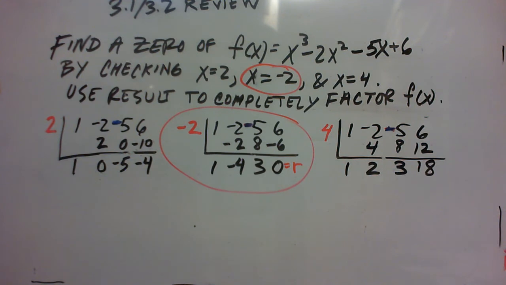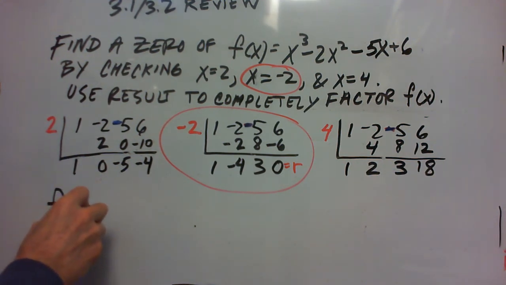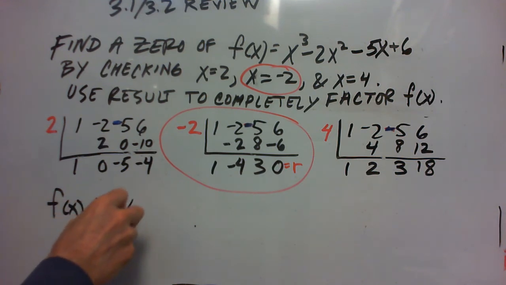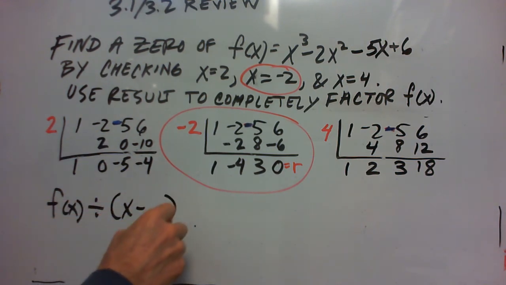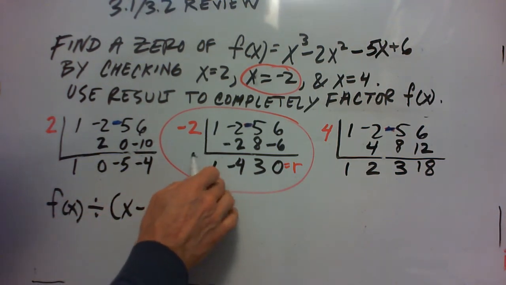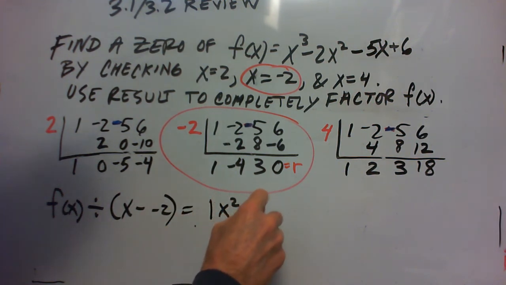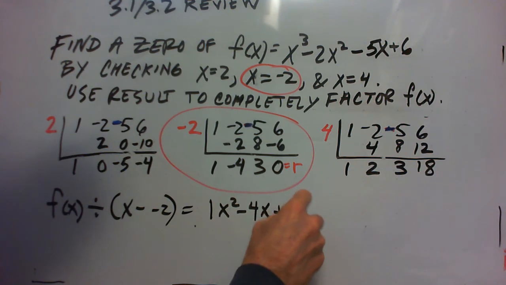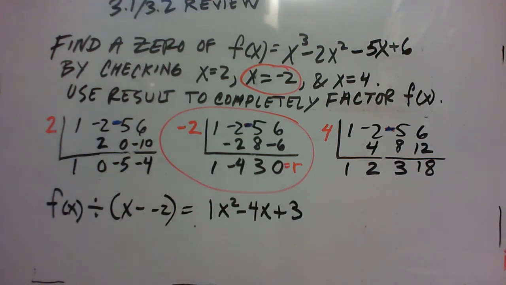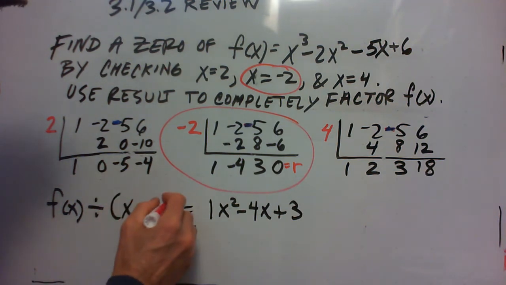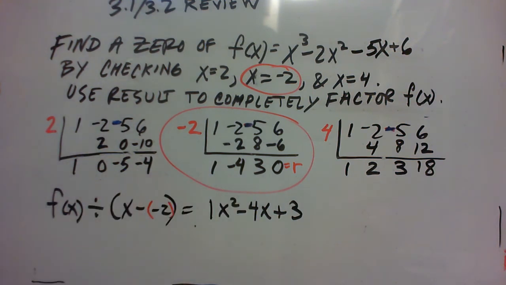So this shows us that f of x divided by x minus a -2 equals our division result of 1x squared minus 4x plus 3. We get that from the answer above. And remember, it's x minus a -2 that we're dividing by.